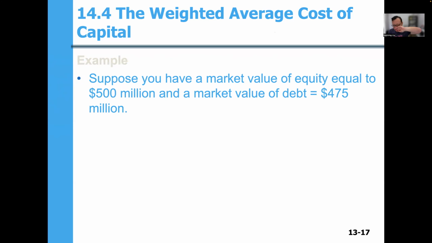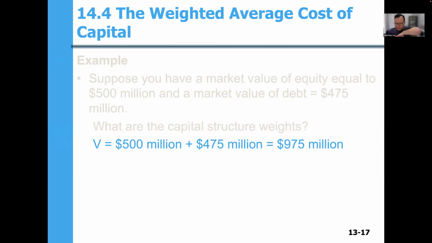In this example, suppose you have a market value of equity equal to 500 million and a market value of debt of 475. So equity fair market value 500, fair market value of debt 475. In total, the asset value would be 975.